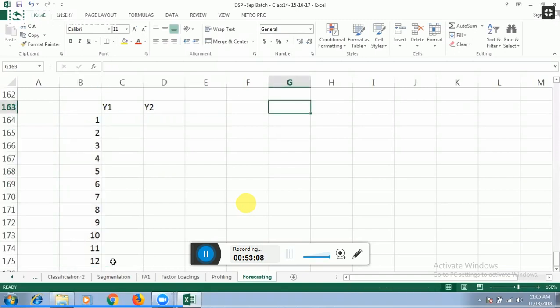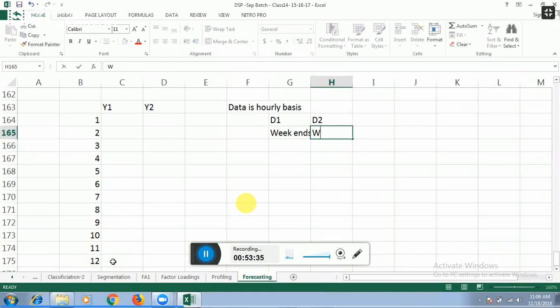So what can we do? We can compare. Suppose the data is hourly, what comparison can I do? I can do year 1 versus year 2. I can compare day versus day, and weekend versus weekend, between year 1 and year 2.